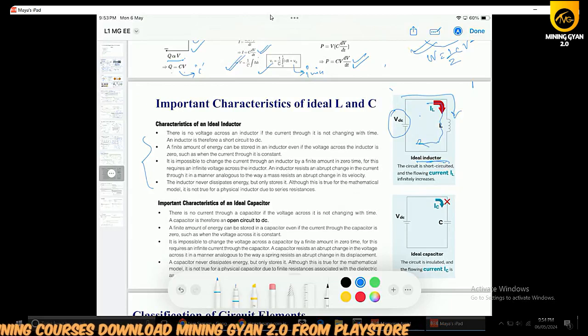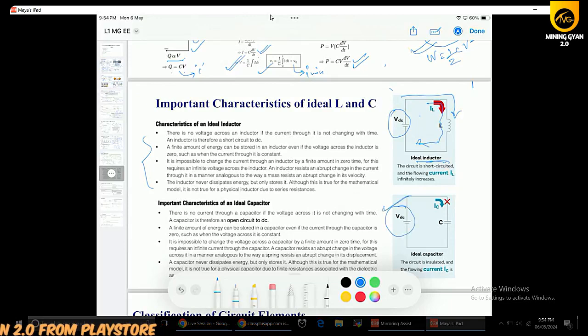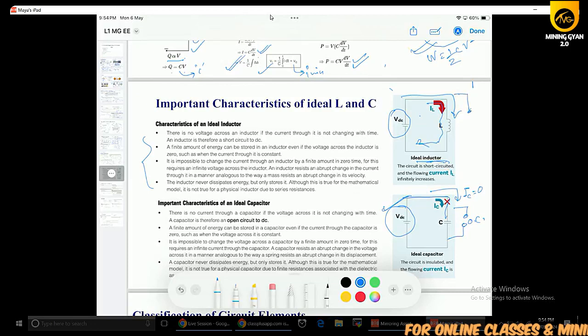But in the case of an ideal capacitor, if we apply the DC voltage across it, then it will behave like an open circuit, and there will be no flow of current. Means IC will be zero, because it is behaving like an open circuit. But in the case of an inductor, it behaves like a short circuit, because a sudden impulsive current will flow through the inductor.